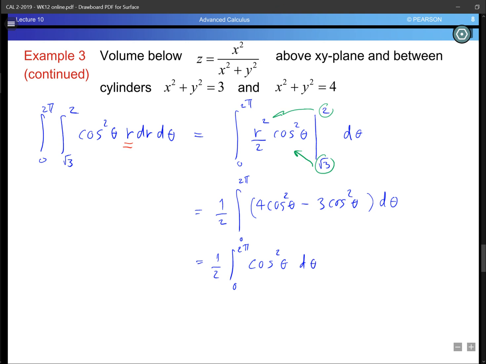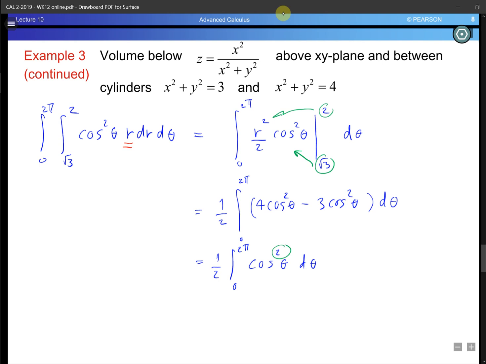Okay, with this you can try substitution, but it's not going to work out really well here. So in Cal 1 you learn that when it comes to sine and cosine with some power like this, it's going to be better to reduce that power to 1 if you can. When you leave it to power of 2, it's hard to integrate directly.